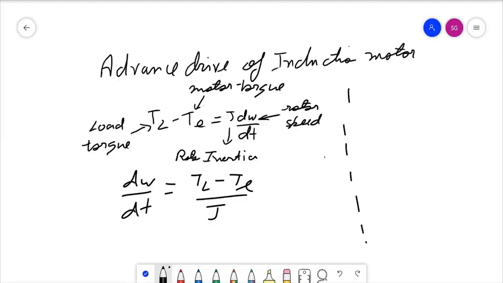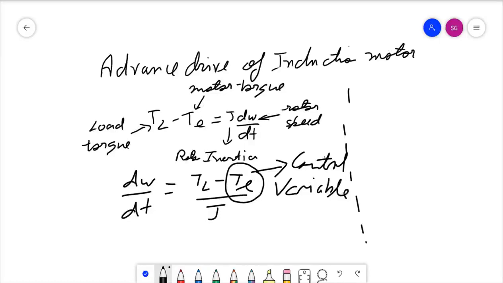So we have only one variable that you can control to control the rotor speed, and that is the motor torque. This will be your control variable. By controlling the electromagnetic torque of the motor, you can control the speed of the motor.